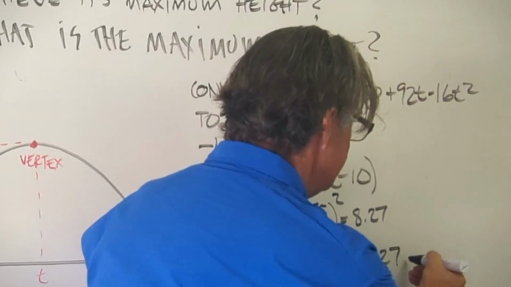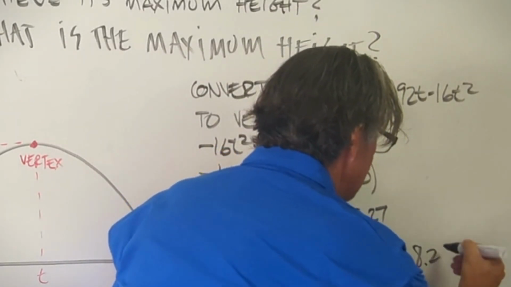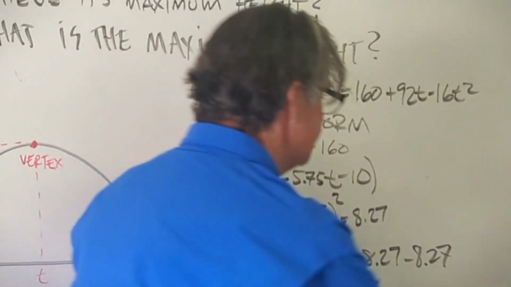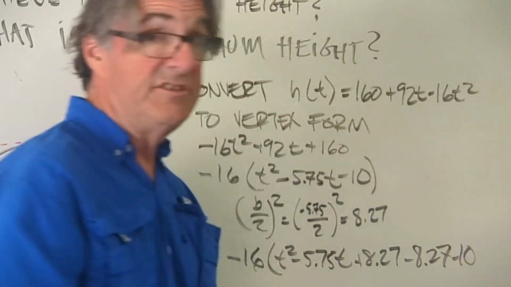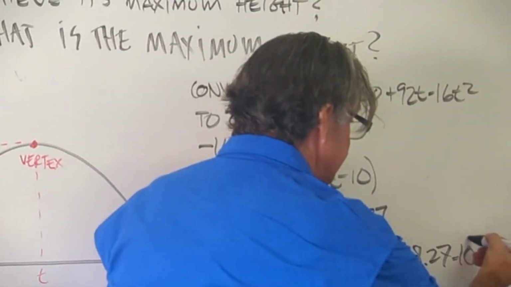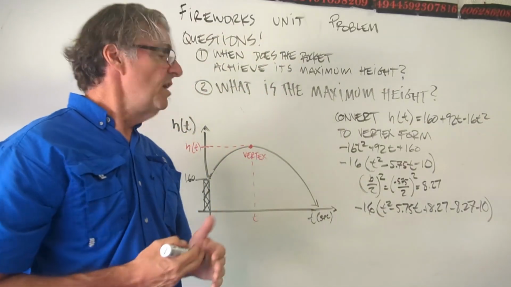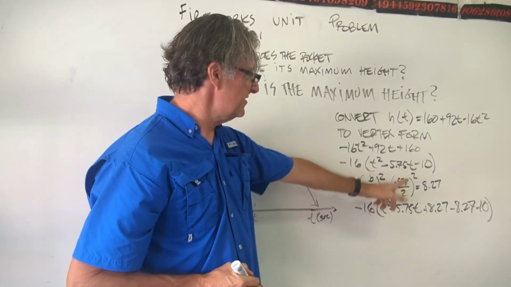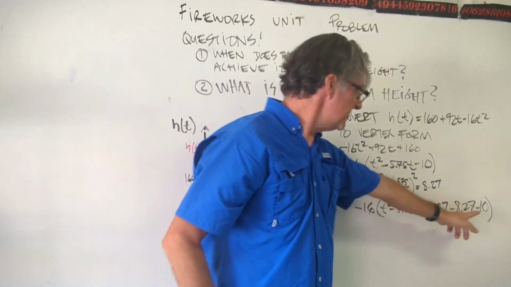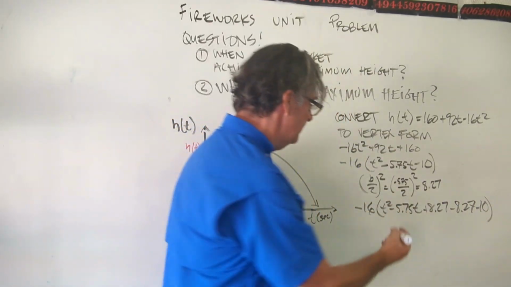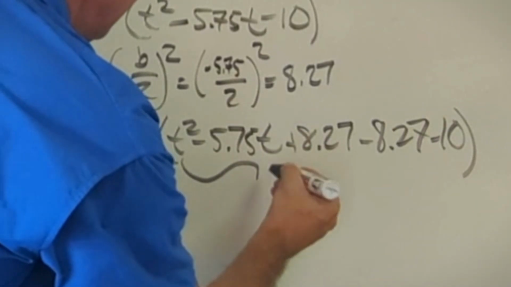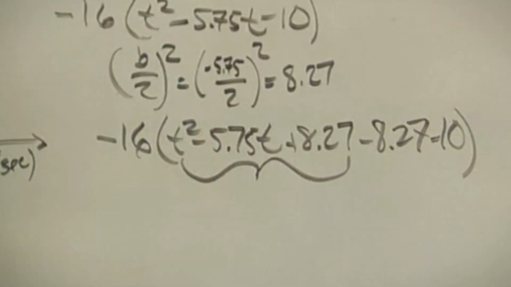So I'm going to just subtract it again right there and then bring my minus 10 down and close my parentheses. So this expression is the same as this one, but I added and subtracted this term, and what that does is it makes this into a perfect square.